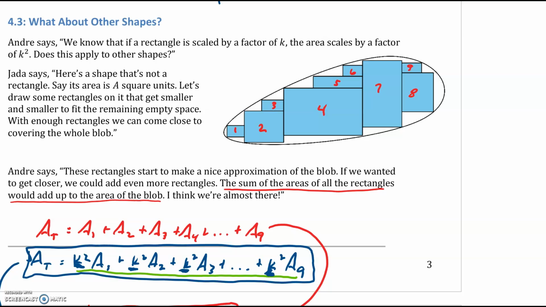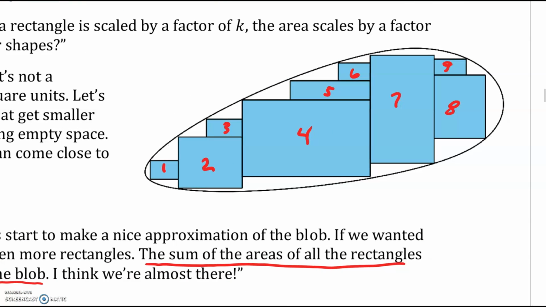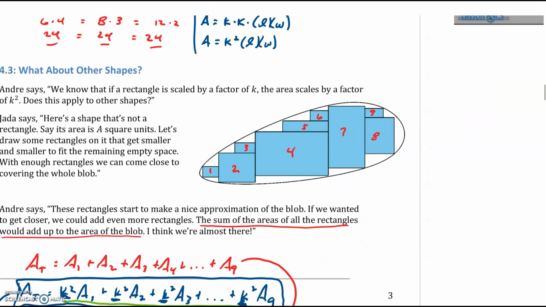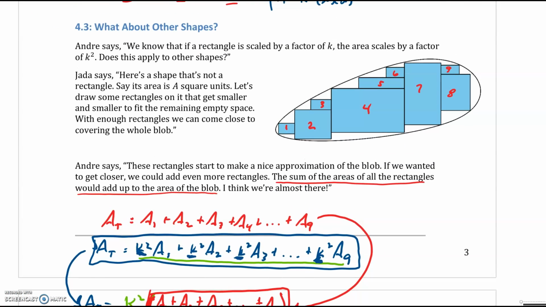Remember, what we started doing here was we took this blob and we put in a bunch of randomly sized rectangles, and we had them numbered 1 through 9. And then we talked about what happens as we scale this blob. In the red here, we estimated the area of the blob by finding the total area of the rectangles by adding them all up.